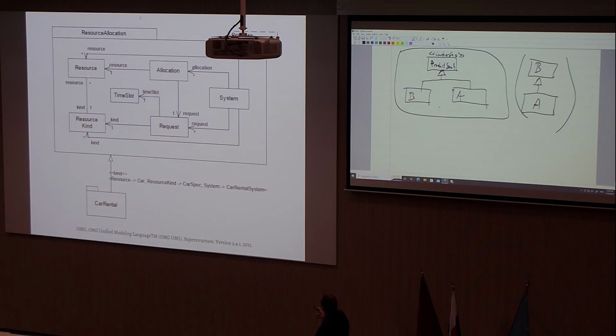So resource kind and system are expected to be delivered here to this mechanism. So these are our classes that we can bind like this. The arrow here is wrong, even this 2.4.1 version. So of course it should be like this.